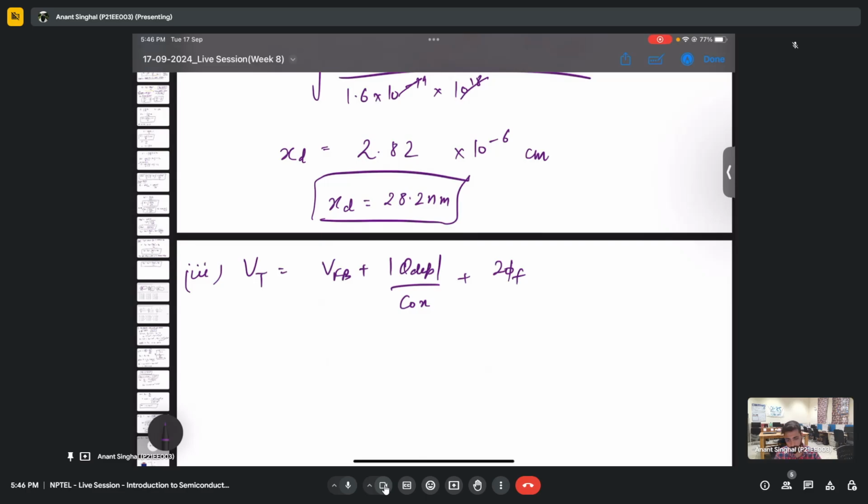Okay, so try to do it a bit quicker. We already have VFB, we already have this. We just need to find Q depletion quickly, which is nothing but Q NA XD. We have just calculated XD, NA we have, Q we have. So it should not take more than 2-3 minutes. So let me know what you are getting quickly, everyone.